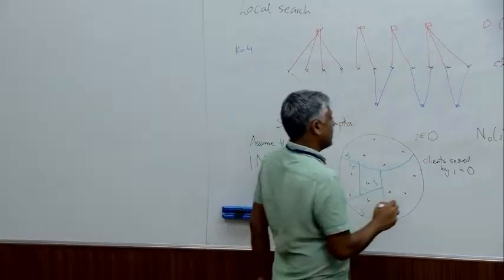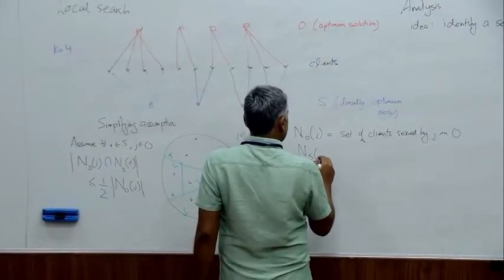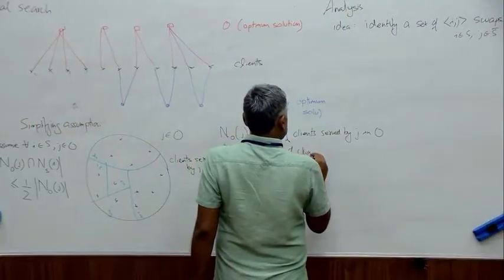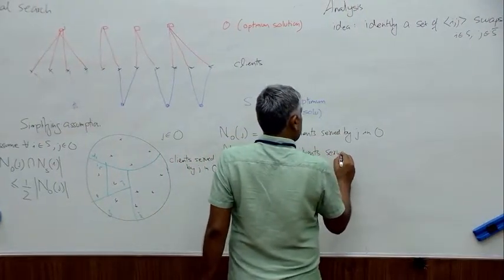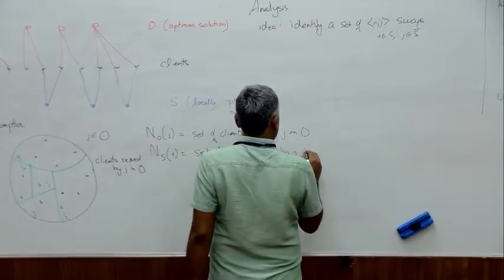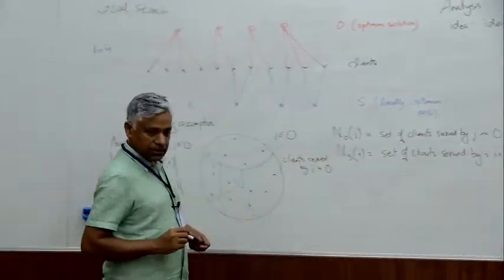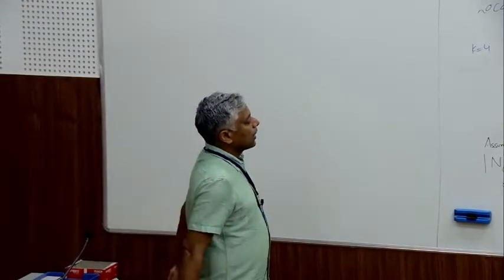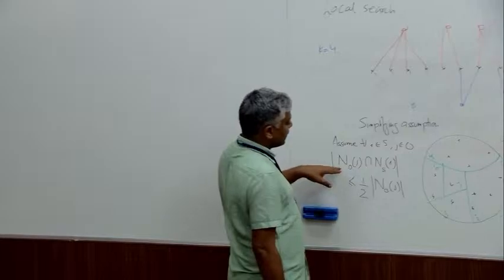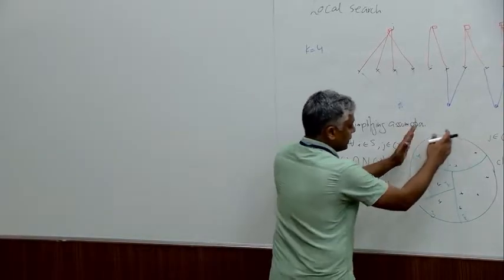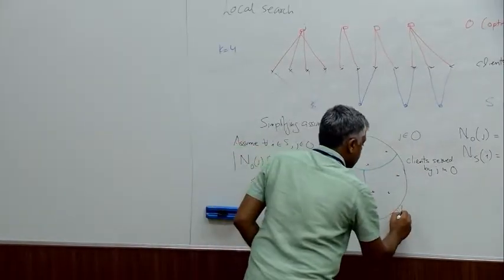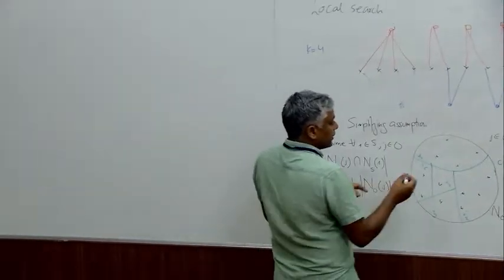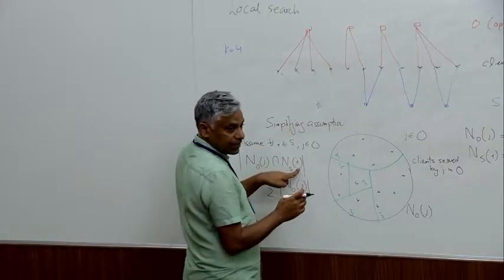And similarly N_S(i) equals the set of clients served by i in S. I'm using that S there in this way, so there is no confusion. So what is this saying? The intersection, in any case, this set is just N_O(j) in my notation, right? And this set is not all of N_S(i).